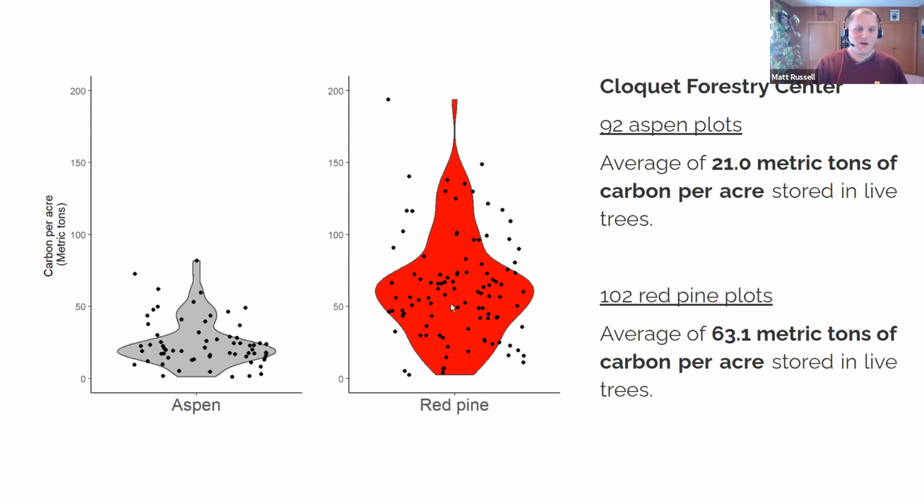With red pine, we have more carbon storage, about 60 metric tons per acre of carbon in the live trees. So these are some example applications of how we might use volume data, the kind of data we already collect as part of all of our forest inventories, and calculate it to a carbon per unit area basis.